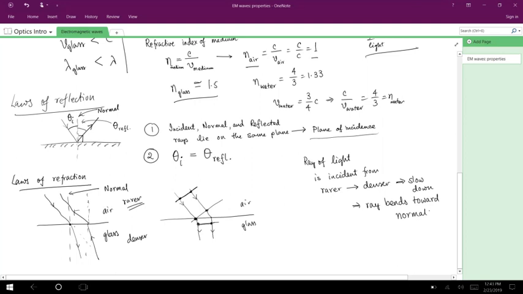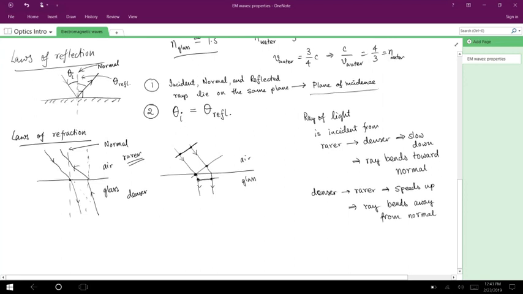And in the opposite case, when the ray of light is going from denser to rarer medium, light speeds up, and so the ray bends away from the normal. Okay, so these are sort of the main ideas for how to go about understanding refraction.